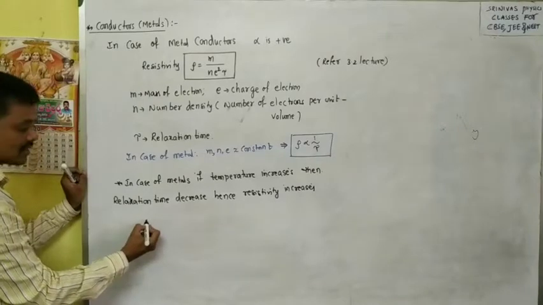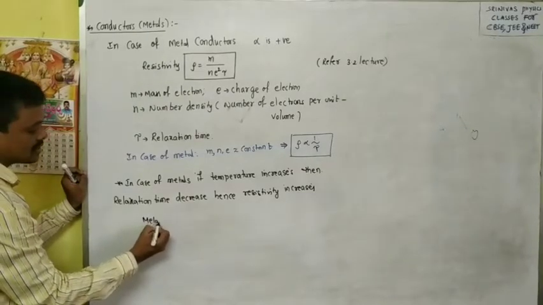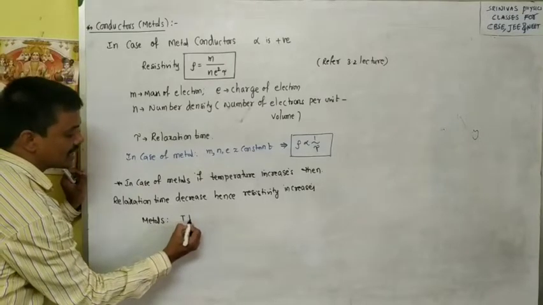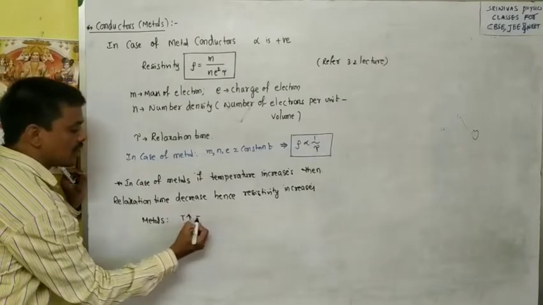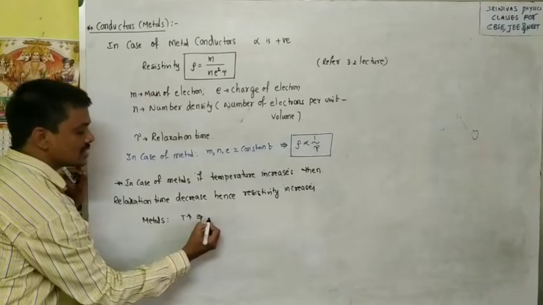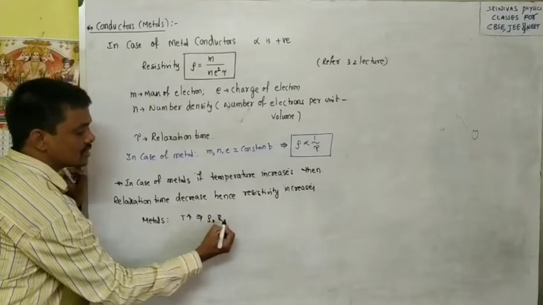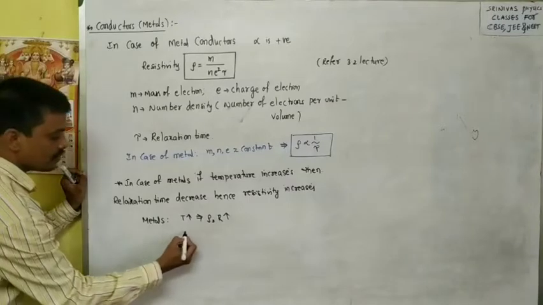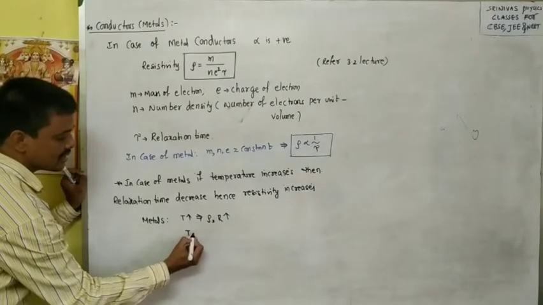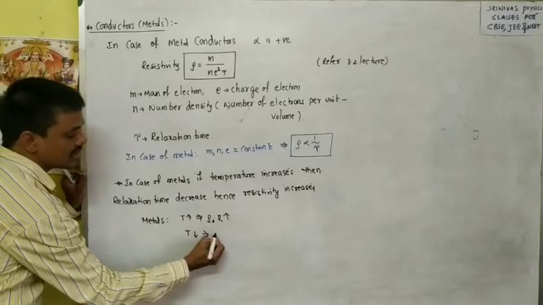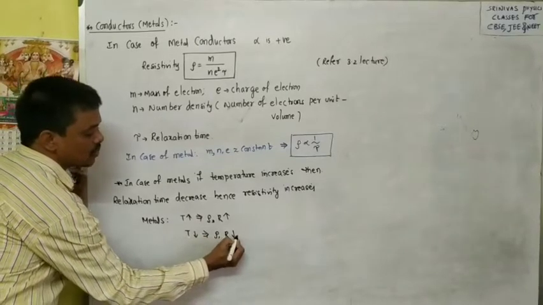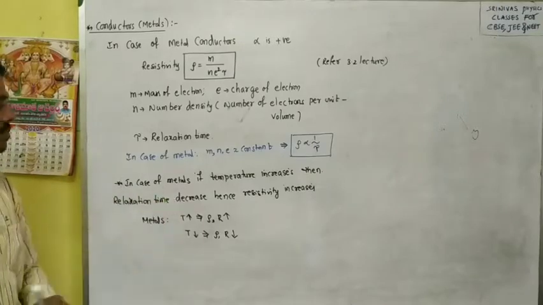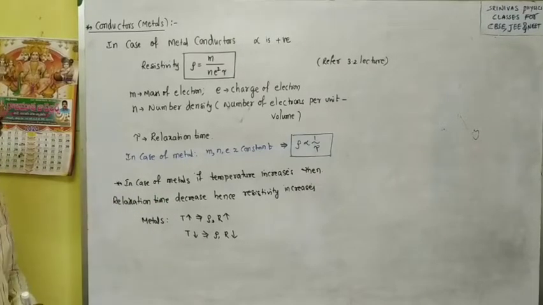Remember that. In case of metals, if temperature increases, resistivity and resistance both increase. If temperature decreases, resistivity and resistance both decrease. This is how resistivity depends upon temperature in case of metals.